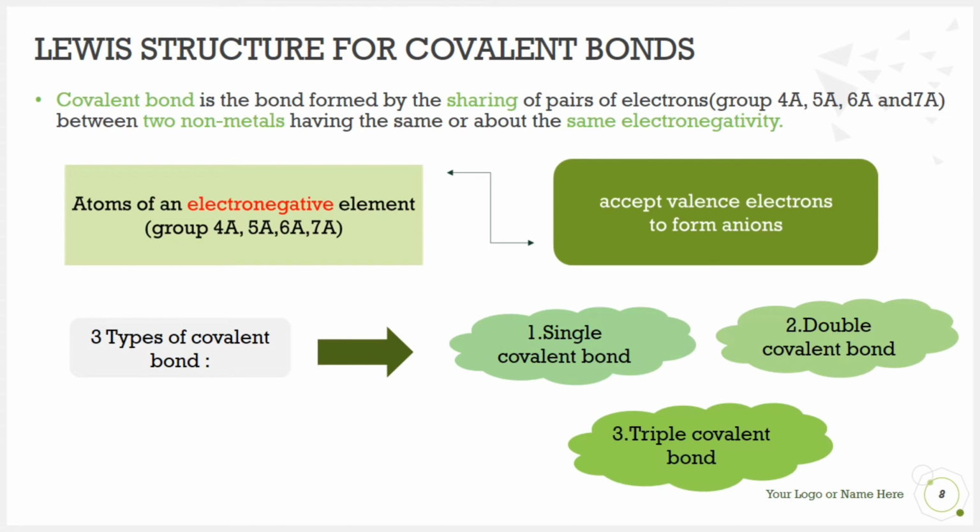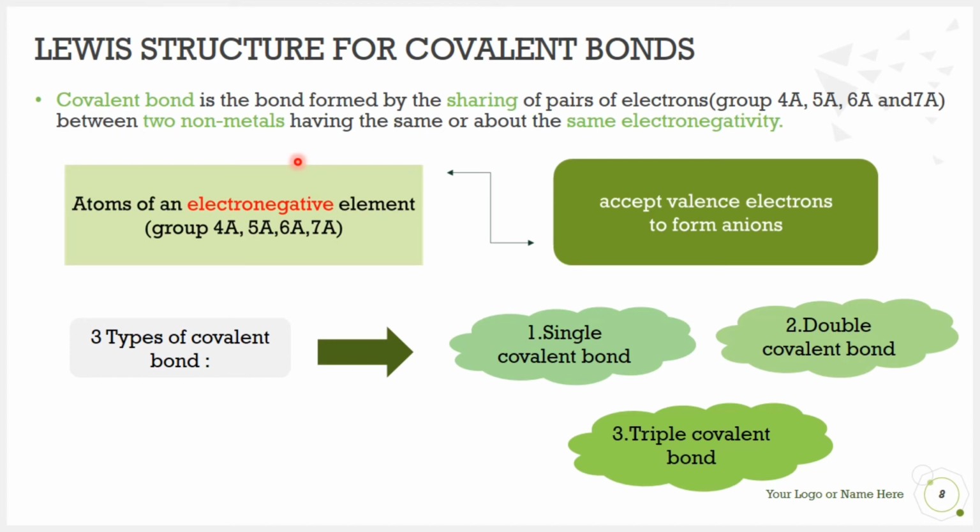Lewis structure for covalent bonds. A covalent bond is a bond formed by sharing a pair of electrons, usually from group 4A, 5A, 6A, and 7A, between two non-metal atoms having the same or about the same electronegativity.